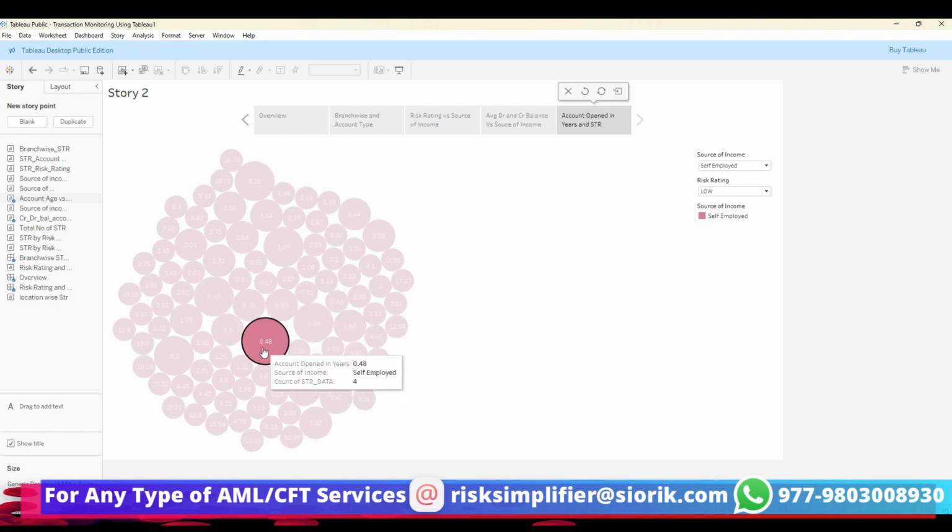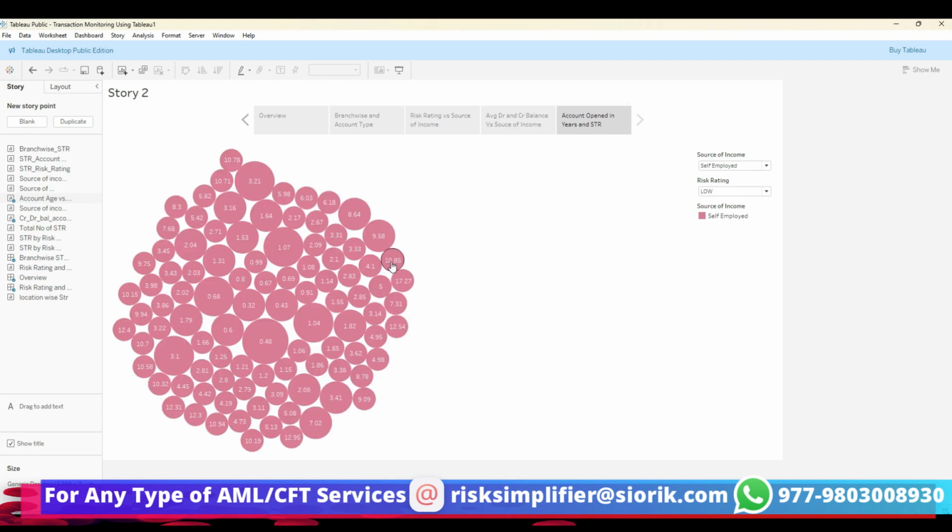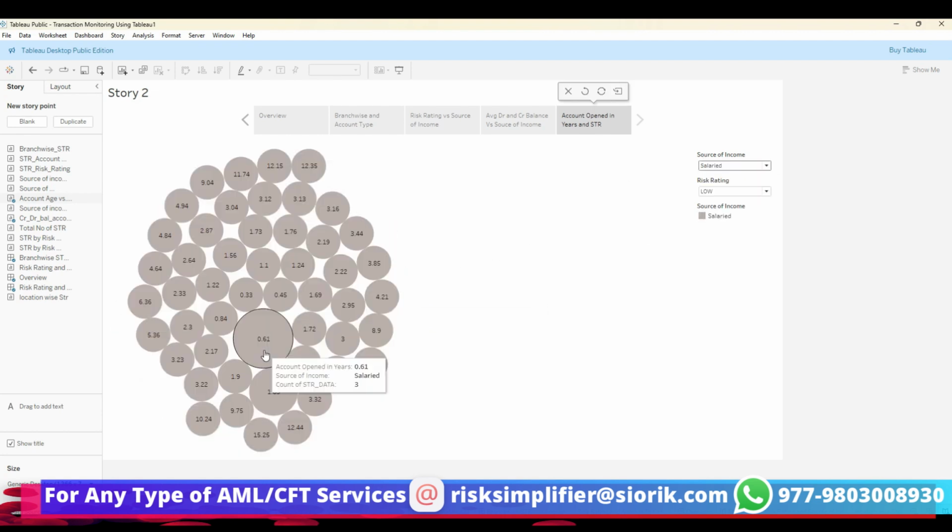So we can see the same trend over here. Okay, now if we look at the salaried, this bubble size is quite big, right? And in here also we can see the duration of account open is less than 1 year, right?